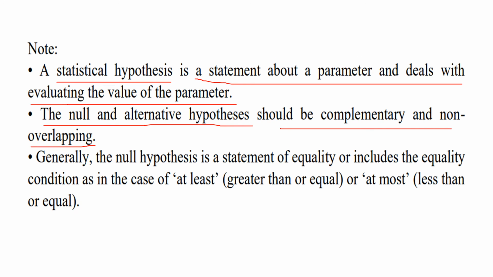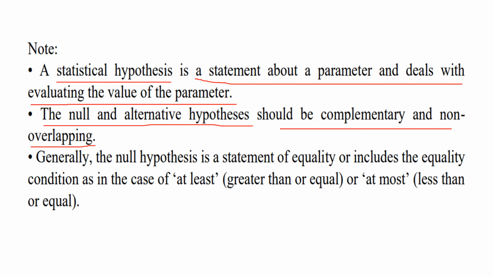Whatever the value that you put in your null hypothesis, the same value that you should put in your alternative hypothesis. For example, if you assume that your P is equal to 0.75 in your null, then we should use 0.75 as well in your alternative hypothesis.